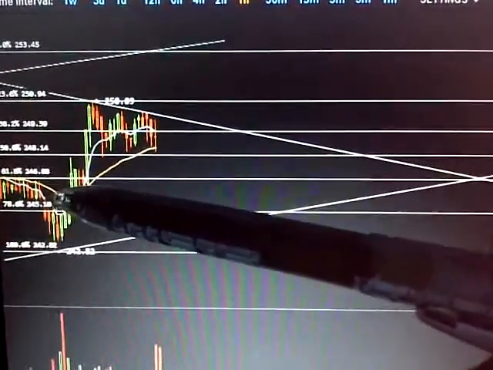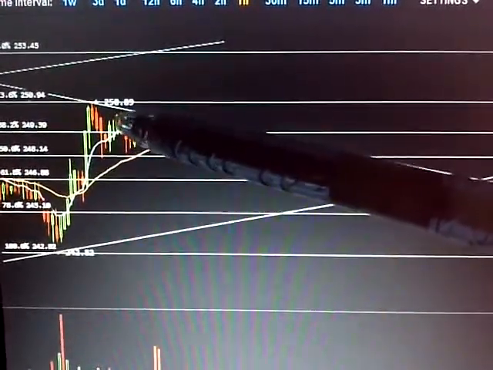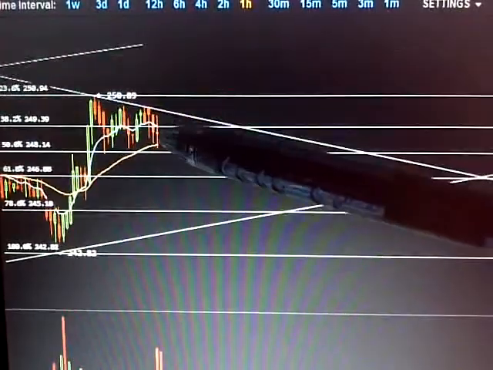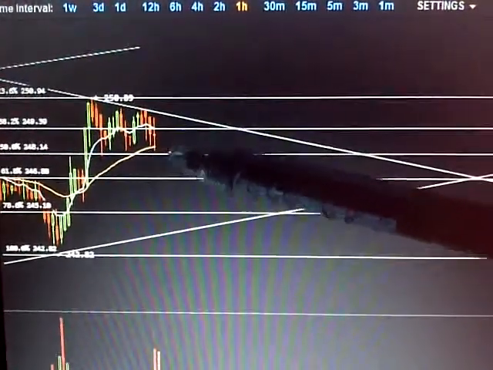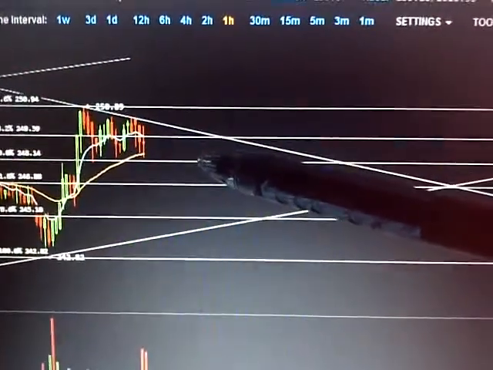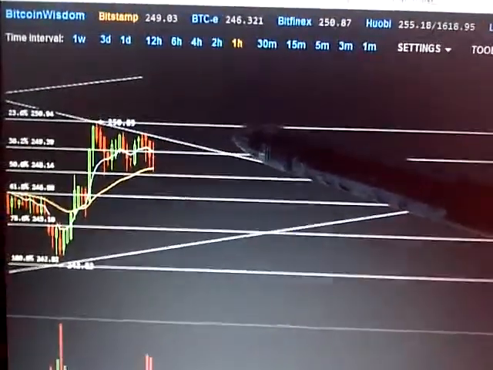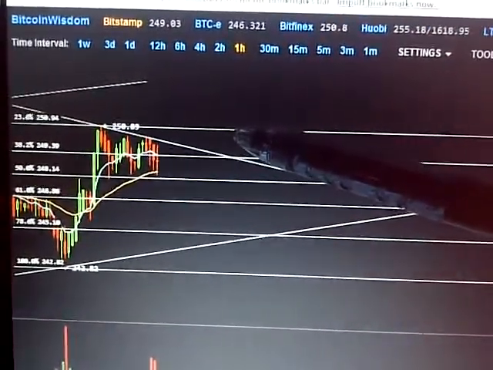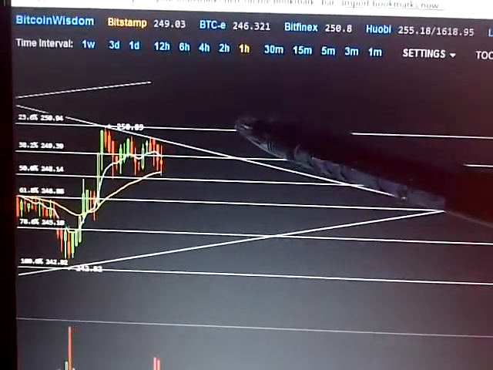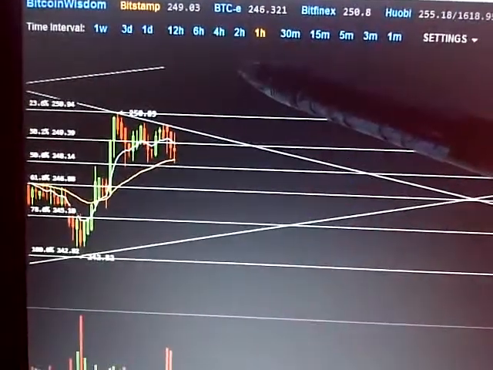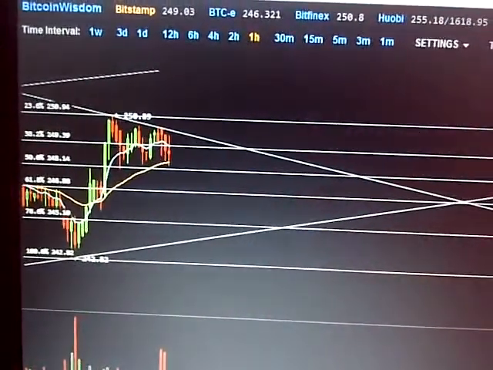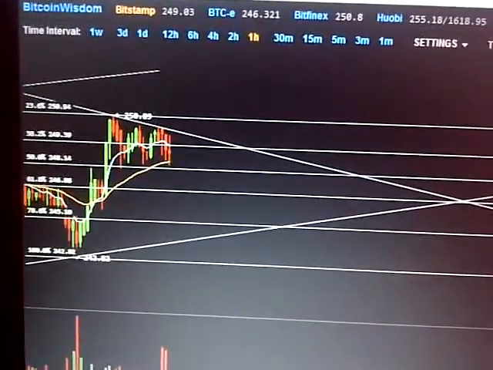So maybe after, if you look on this as only an hourly, but after it wiggles a little bit and then works its way touching this and then bouncing off of this and into the resistance, it may just break out of that and then push up a little higher to, I think, 253, and then who knows what's going to happen after that.